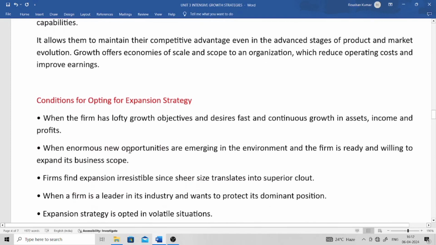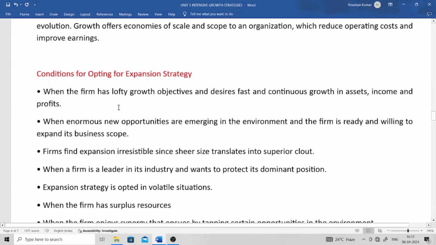Conditions for opting for expansion strategy. So what are the conditions for adopting it? When we use this expansion strategy, it is given here. The first one is when the firm has lofty growth objectives and desire.